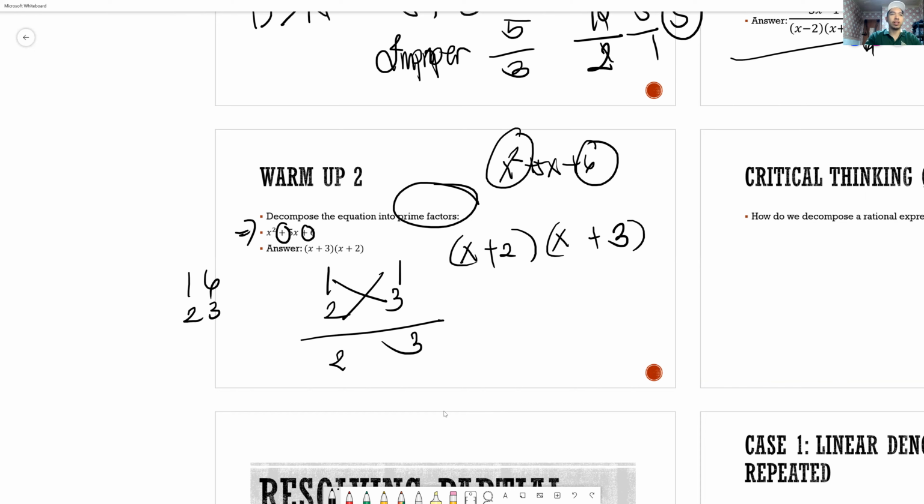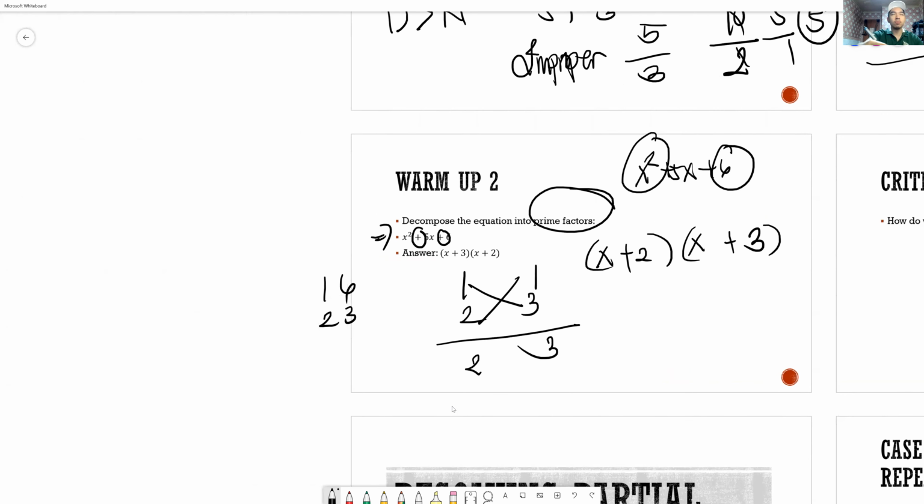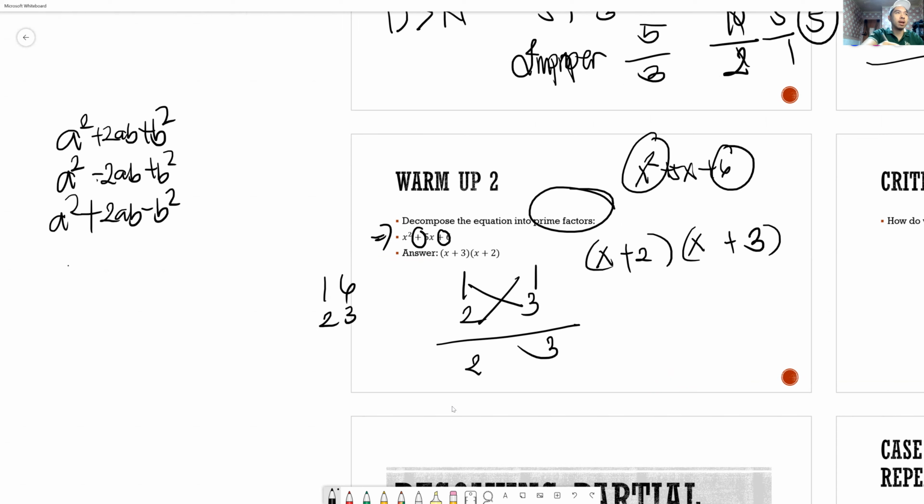So let's just have a record for this one regarding factoring. Assuming we have the general forms: a squared plus 2ab plus b squared, a squared minus 2ab plus b squared, a squared plus 2ab minus b squared, and a squared minus 2ab minus b squared. For the first case, both signs are positive.